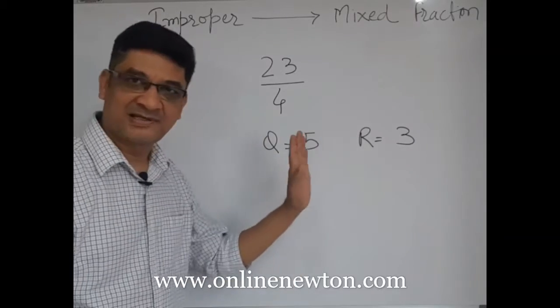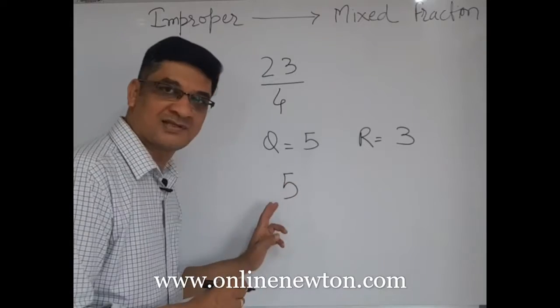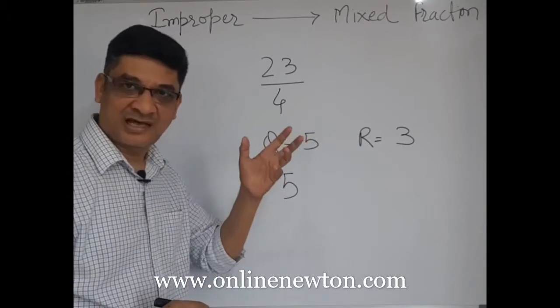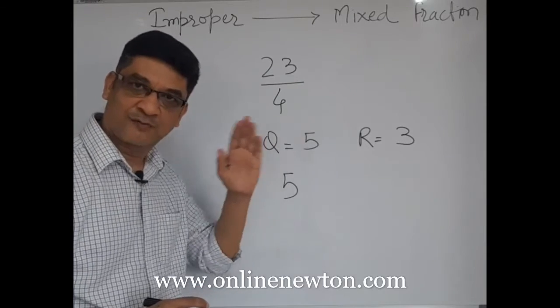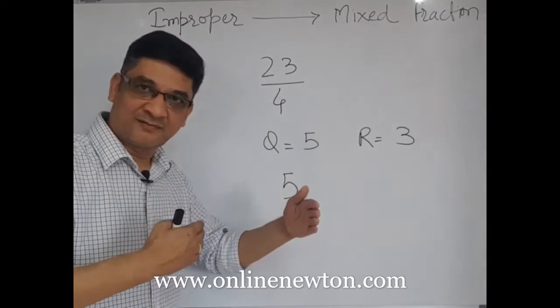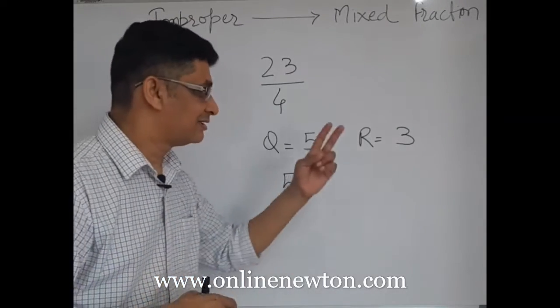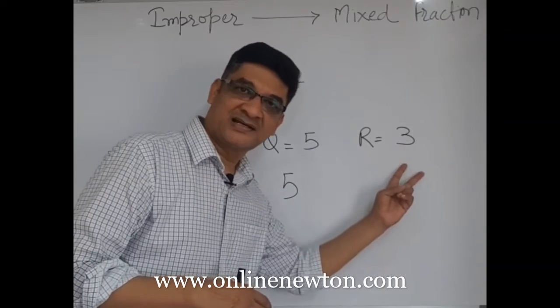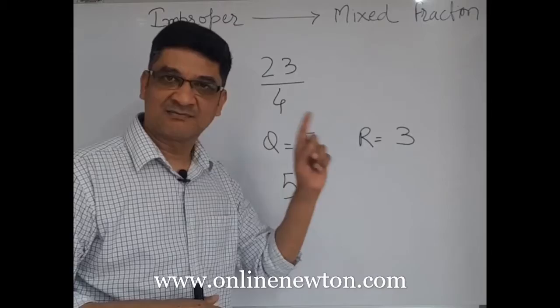So 5 quotient and 3 remainder, and this simply will be written as 5, because if it was an apple which was divided into 4 equal parts, we will have 5 full apples counting to 20 parts of size 1 by 4 each, and we will be left with, meaning remainder, 3 more parts of size 1 by 4.